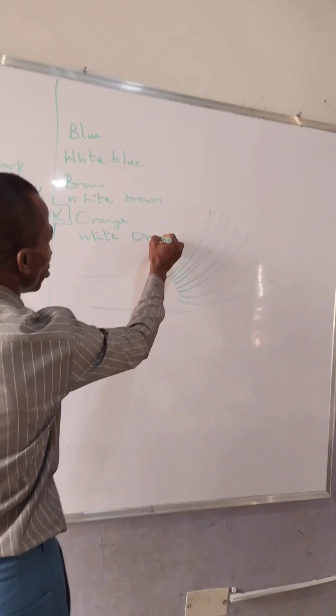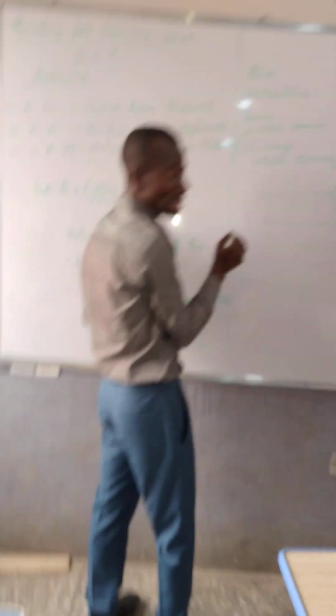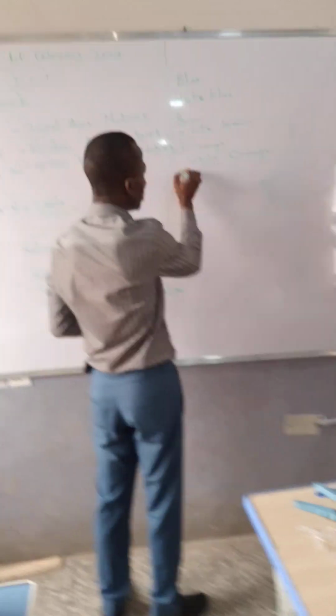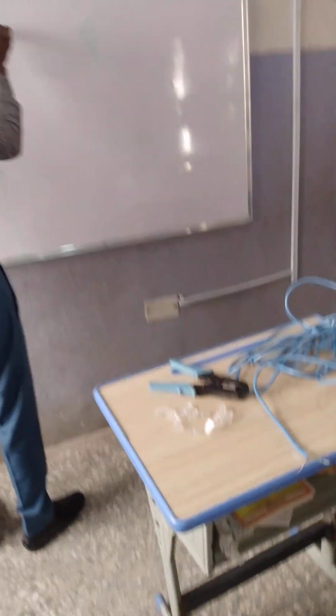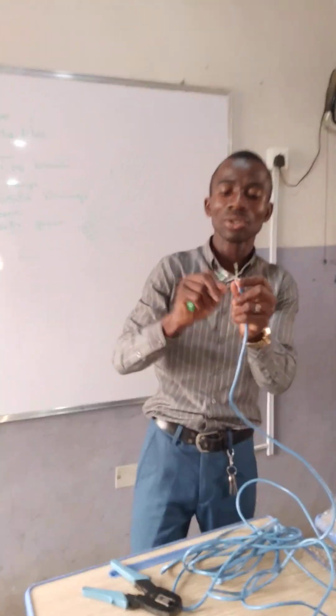The last one is green, white green. Those colors are pairs. Can you see them?